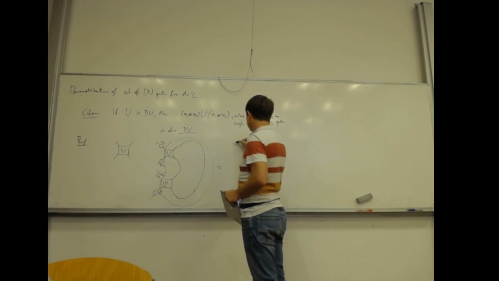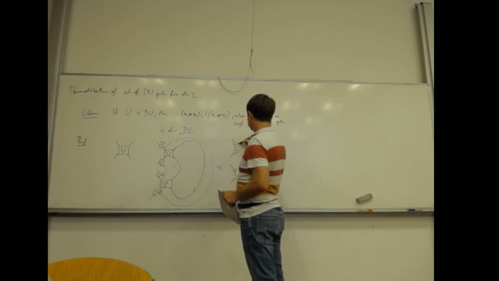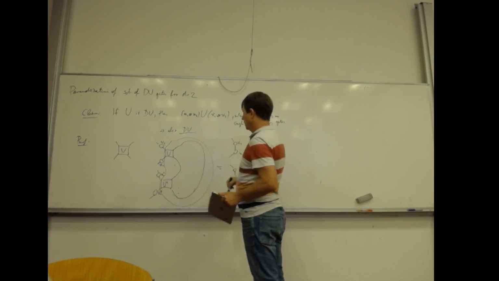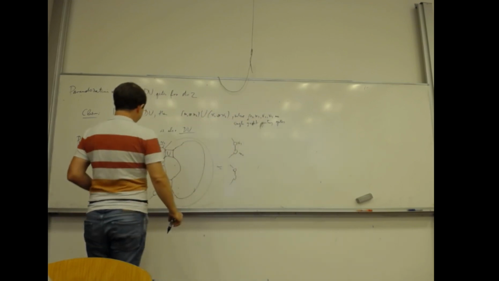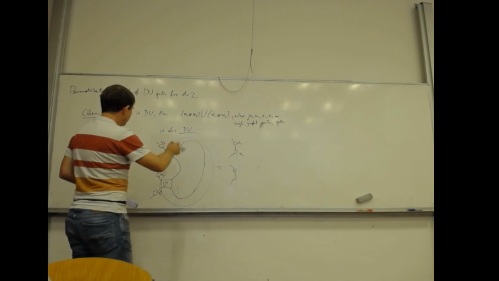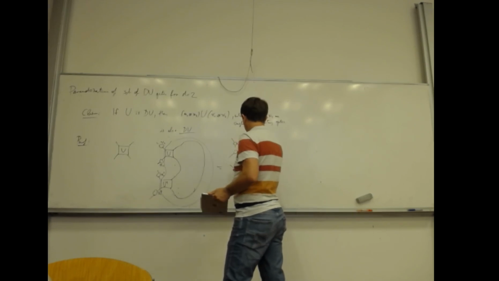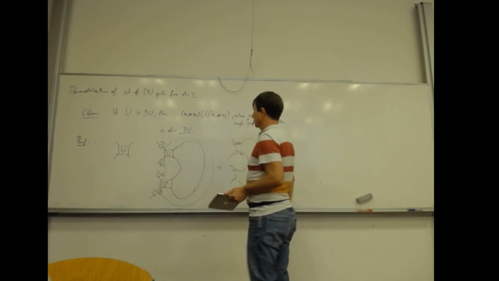So now what we have is this and this, where this is V1, U1, sorry, should be the other way around, should be this. Right?